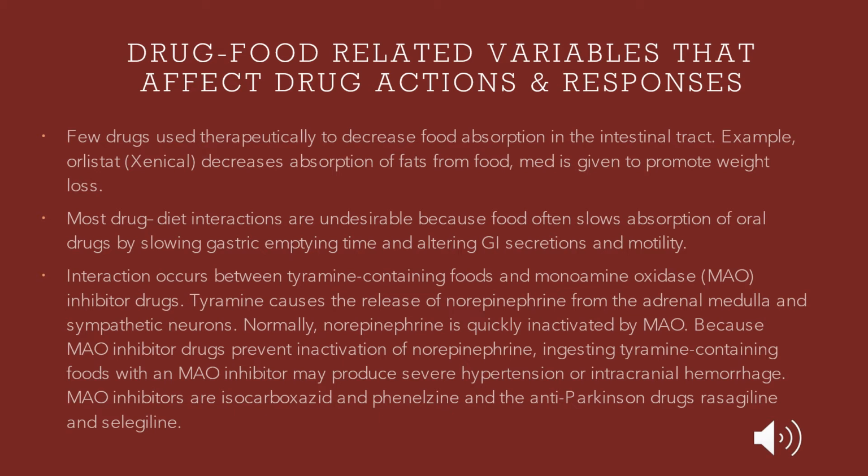Normally, norepinephrine is quickly inactivated by monoamine oxidase. However, because MAOI drugs prevent inactivation of norepinephrine, ingesting tyramine-containing foods with an MAOI may produce severe hypertension or intracranial hemorrhage.